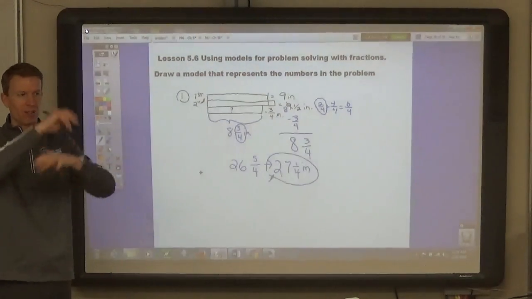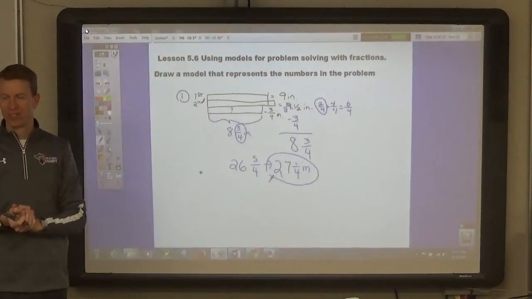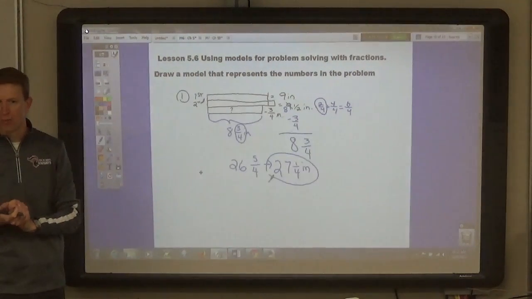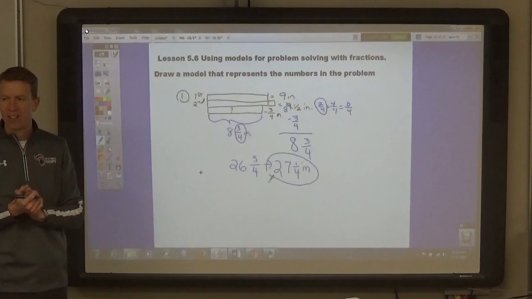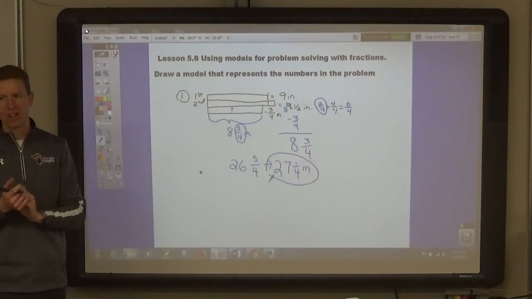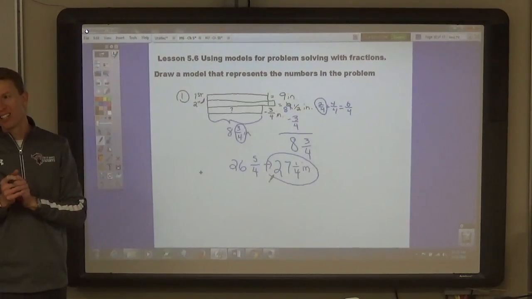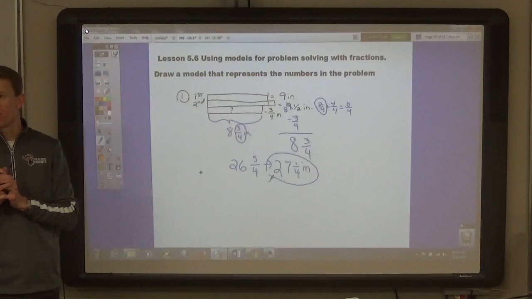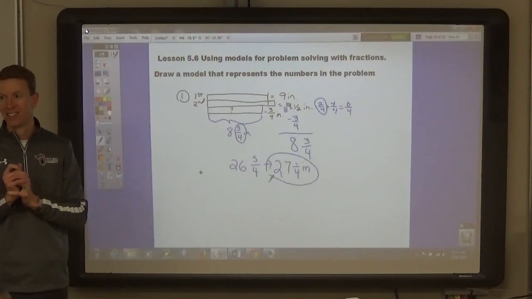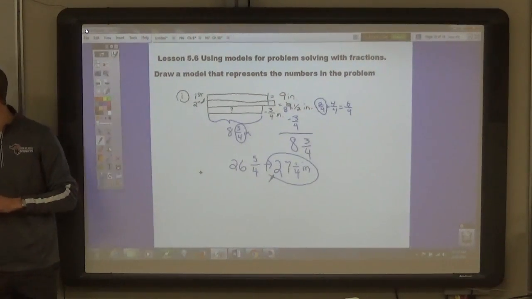Now if you scribble and make it very hard to read or mislabel things, that might make it harder to understand. If you don't like using models, then you're just going to have a harder time writing equations and solving problems. Okay? Let's go on to number 2.